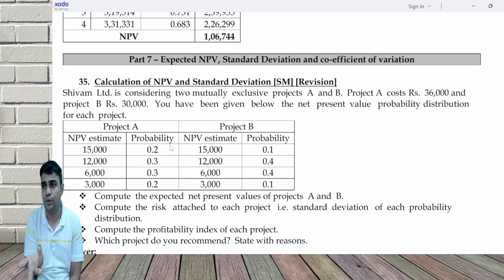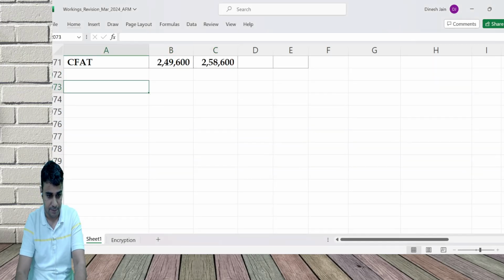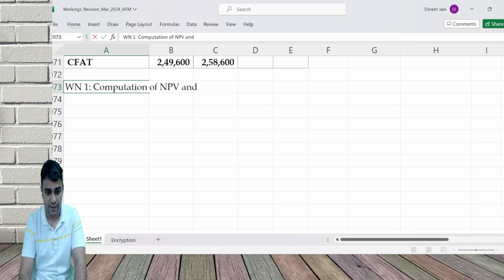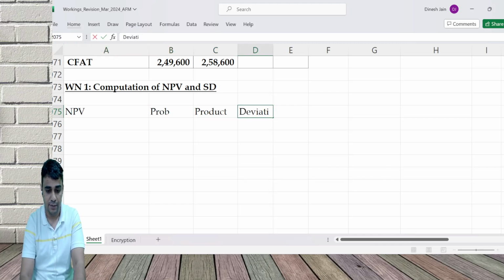What am I required to do here? Only thing is we will not write 15,000, we'll write it as 15. If you write 15,000, squaring will lead to a lot of challenges. Working note 1, computation of NPV and standard deviation. NPV, probability, product, deviation.